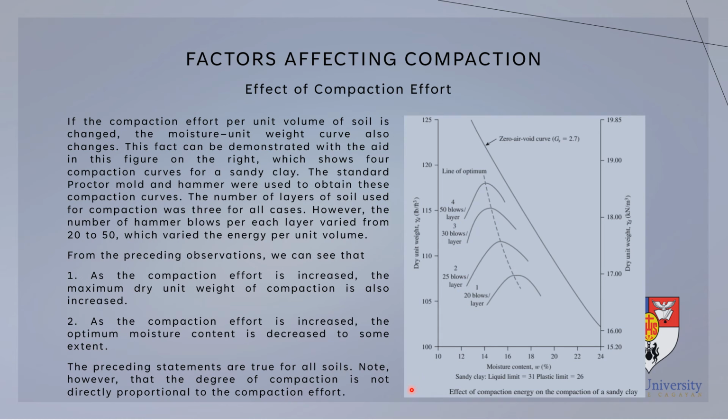The preceding statements are true for all soils. Note, however, that the degree of compaction is not directly proportional to the compaction effort. Although an increase in compaction energy can cause an increase in our dry unit weight, we cannot consider the two directly proportional.